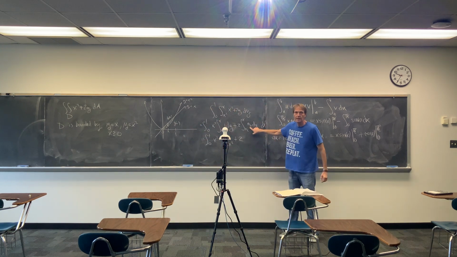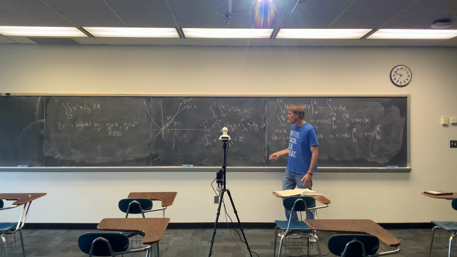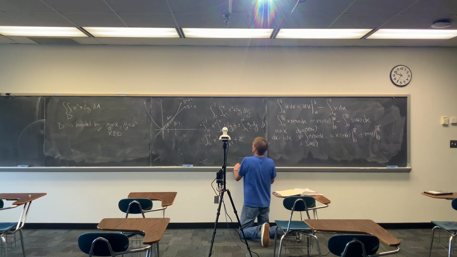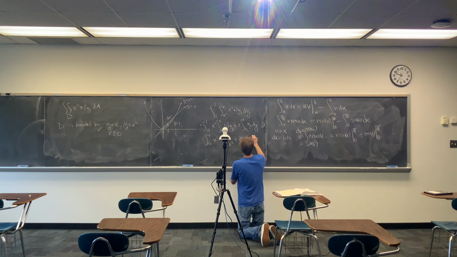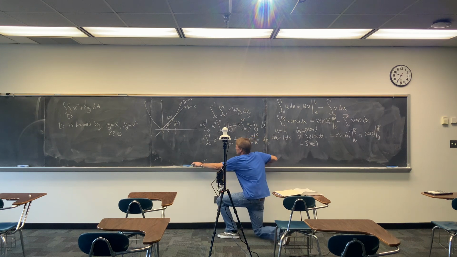Whose function's derivative with respect to y is y? 1/2 y squared. So I would have 1/2 y squared evaluated between x squared and x. And then I've got a dx.